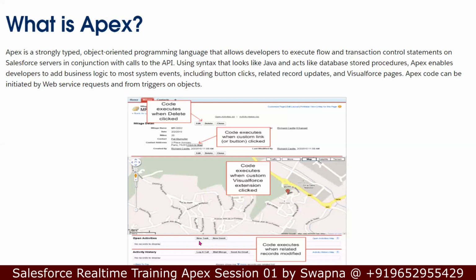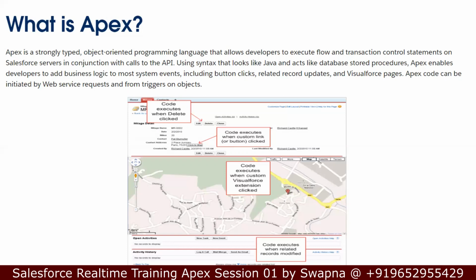Or you may have logic that executes when related records are modified. If you want to execute logic based on a modification done in the related list, we execute code. In those scenarios, we use Apex.